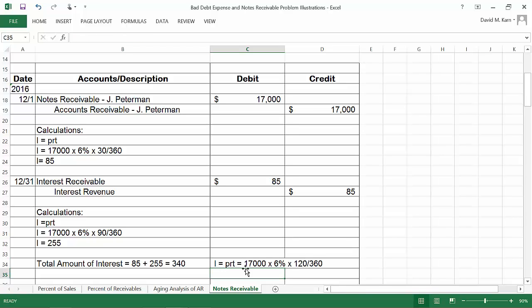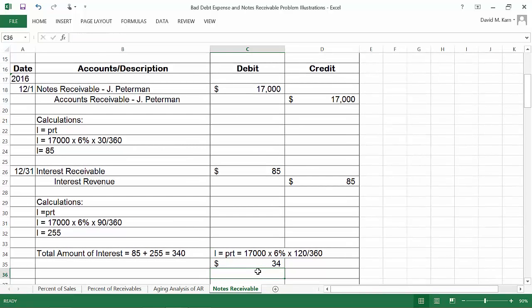And I'll prove that here: 17,000 times 0.06 times 120 divided by 360. Oops, I forgot to add a 0 here. I only had 1,700, so let's fix that. So you can see that we get the 340 to match the total amount of interest that we've calculated.